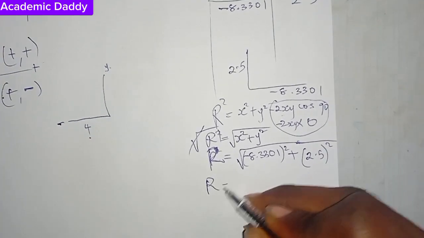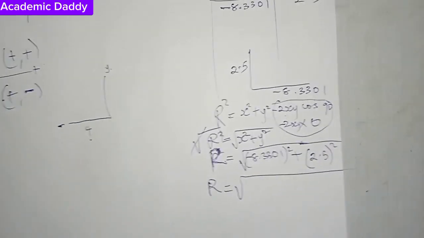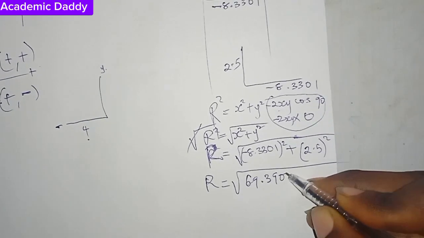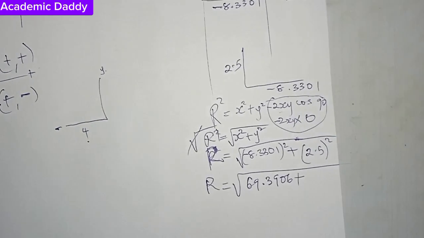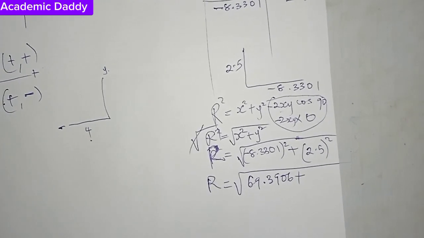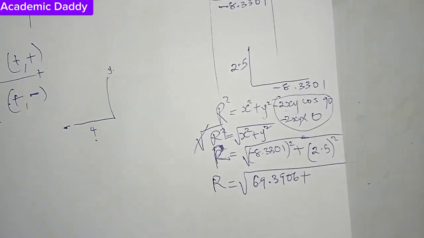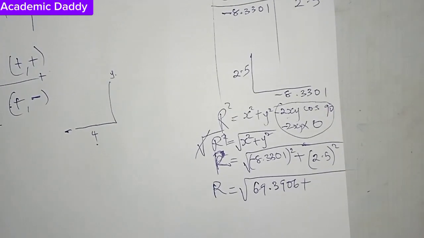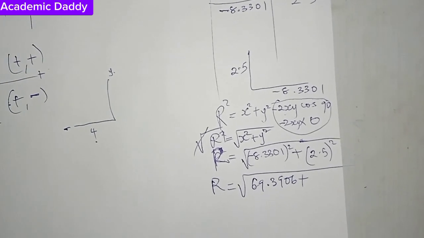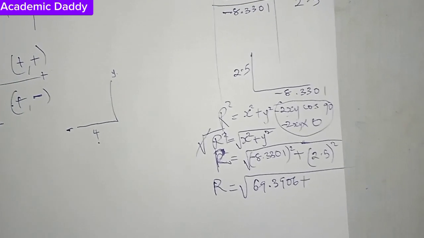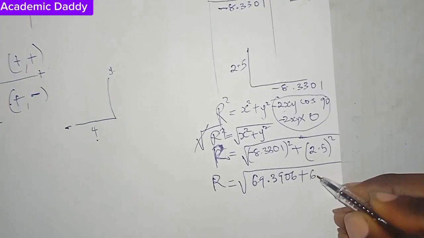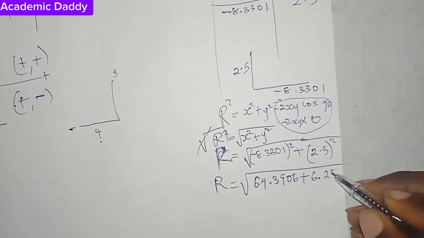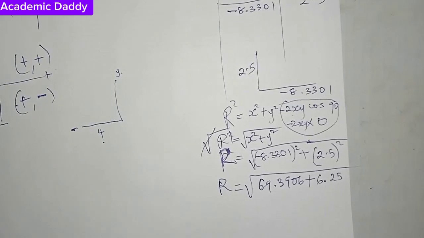This should give me that r is equal to the square root of 69.3906 plus 2.5 times 2.5, or more like saying 2.5 raised to power 2. Okay, that's 6.25.